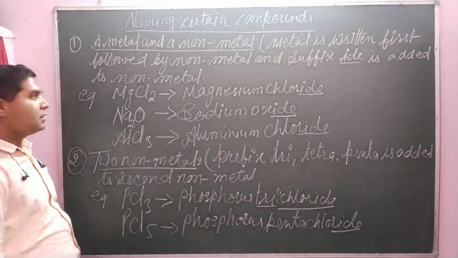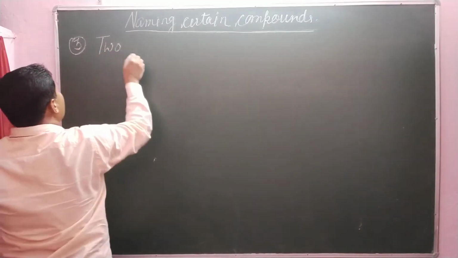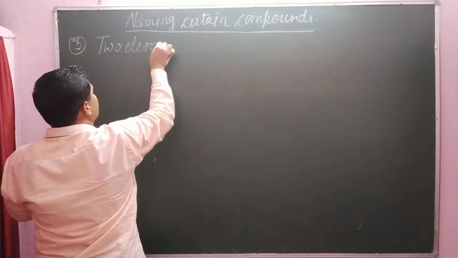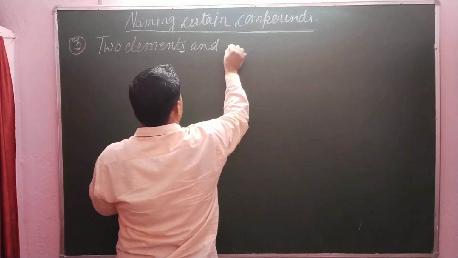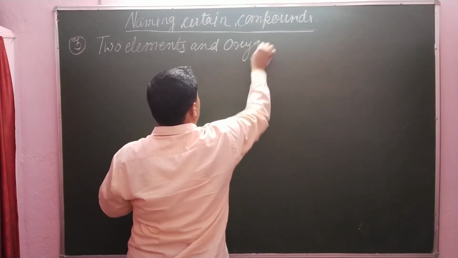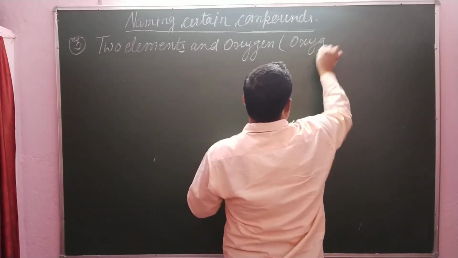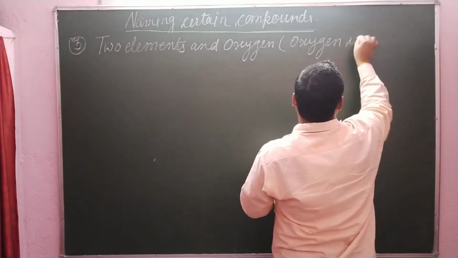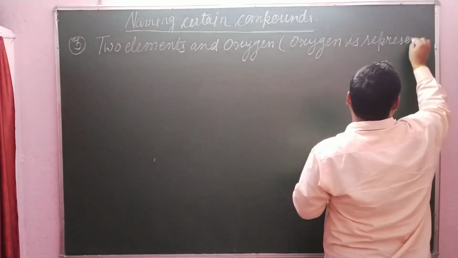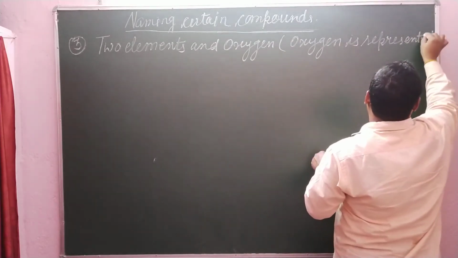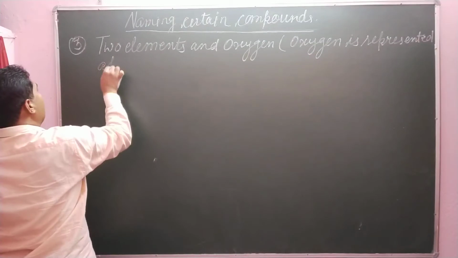Next, rule number 3. Two elements and oxygen. Oxygen is represented at the end.